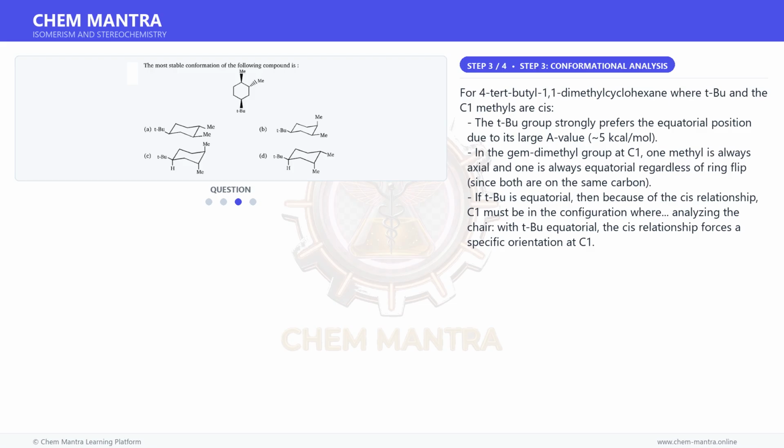If TBU is equatorial, then because of the CIS relationship, C1 must be in the configuration where. Analyzing the chair, with TBU equatorial, the CIS relationship forces a specific orientation at C1.